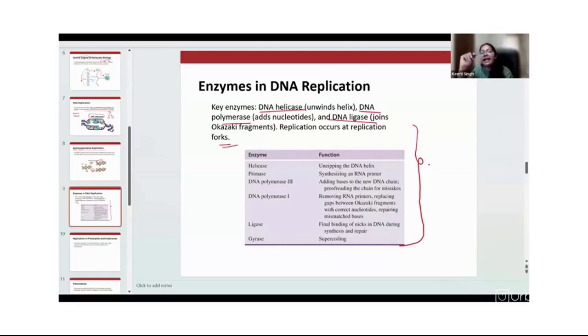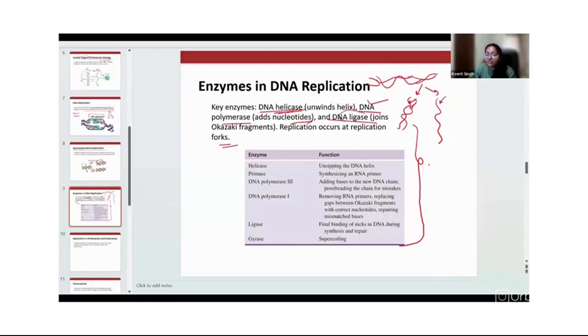For example, the DNA helicase will unwind the coiled DNA, because for the process of replication to take place, the double-stranded DNA needs to be released from the tension, right? It has to be single stranded. So this enzyme DNA helicase will do this part. This will unwind this helix. What will DNA polymerase do? This polymerase will add nucleotides to synthesize a strand of DNA.